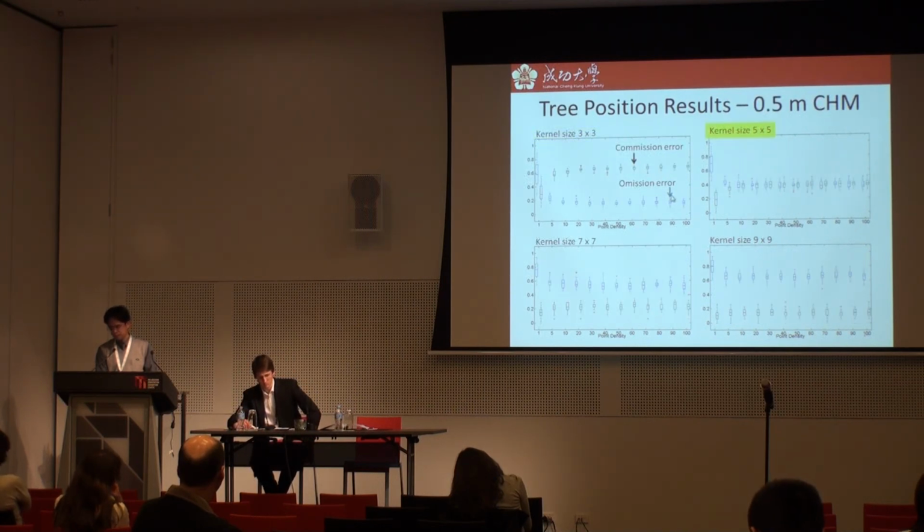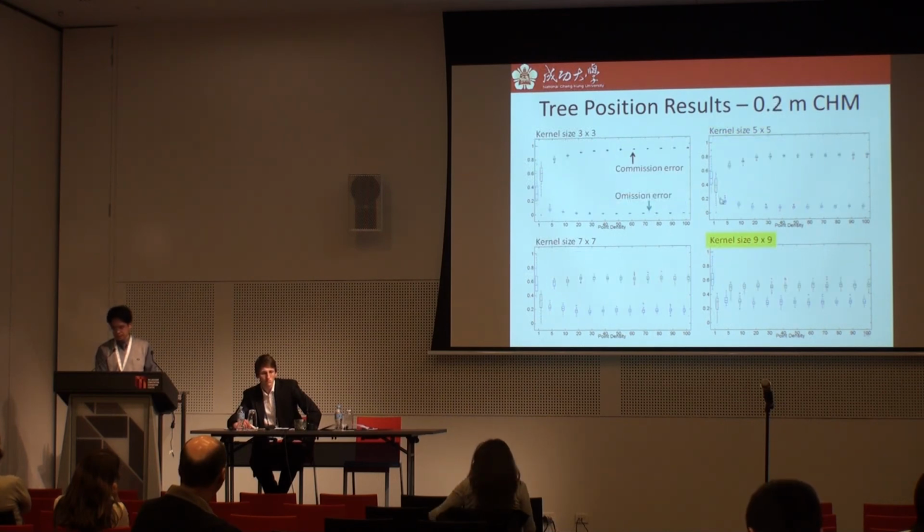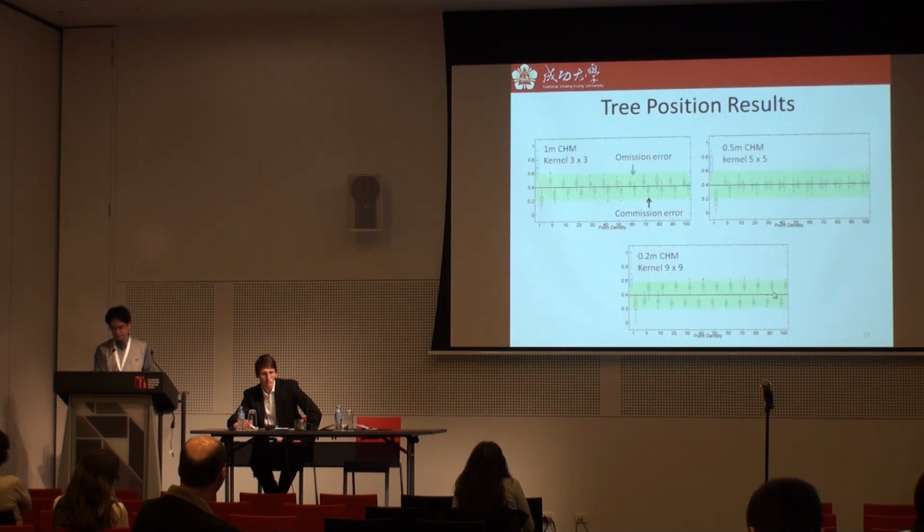With half a meter CHM, we found the kernel size of 5 by 5 produced the best results, and for 0.2 meter CHM, the kernel size of 9 by 9 would create the best results.